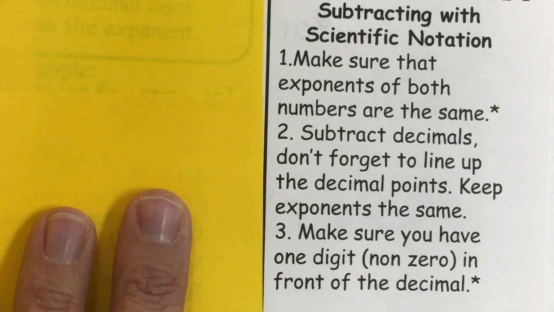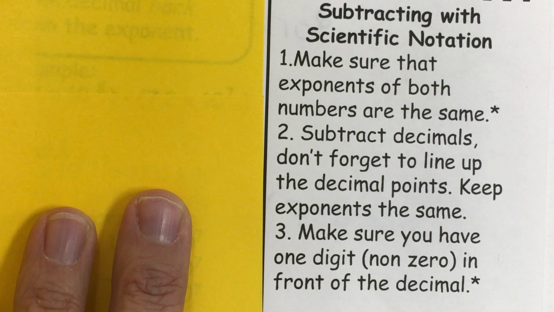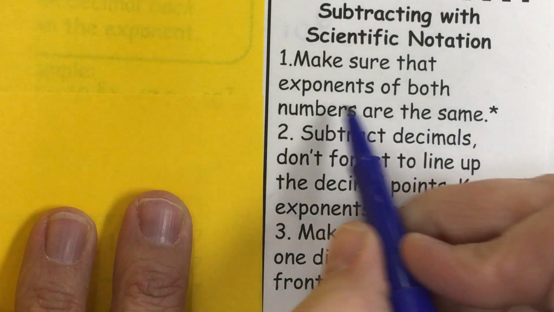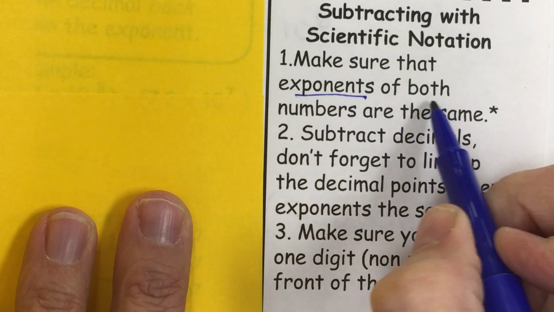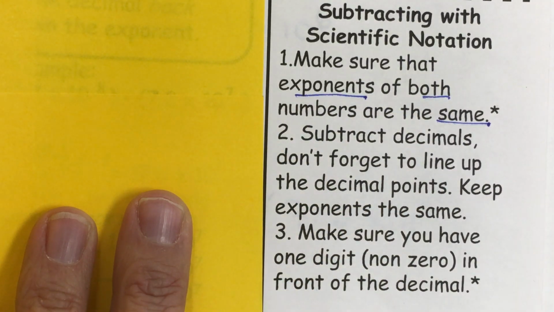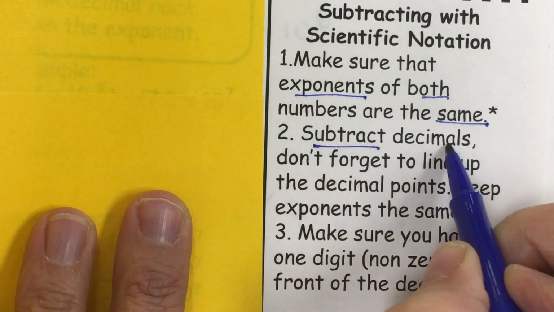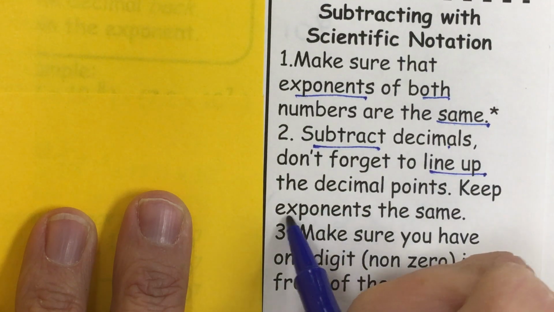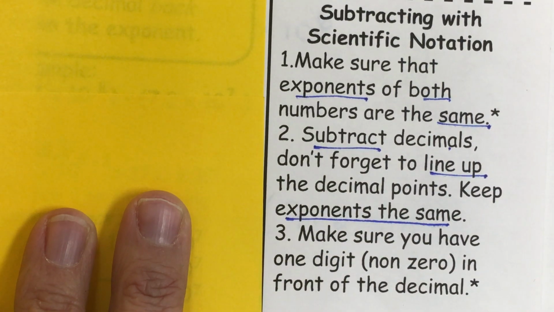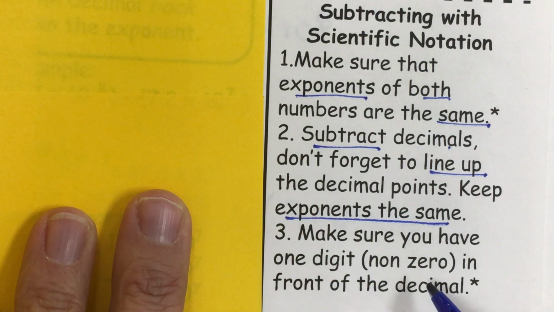And if you look, it's almost the exact same thing. So copy that down and hit pause. Okay, same thing here. Exponents, both the same exponents. Subtract the decimals, make sure you line it up, and keep the exponents the same once you do that. Then make sure you've got it back in scientific notation.